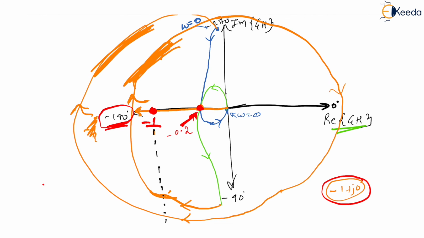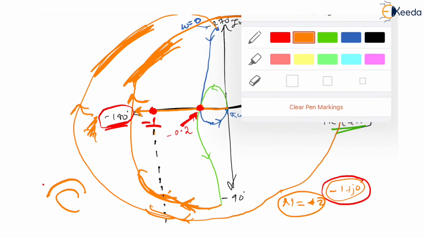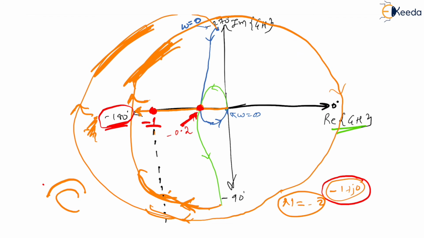I see that I have these pins which are clockwise, not anti-clockwise. If it was this way, it would have been anti-clockwise, but it is in this way, which means it is in the clockwise direction. So this is clockwise, this is also clockwise, which means N is equal to -2.